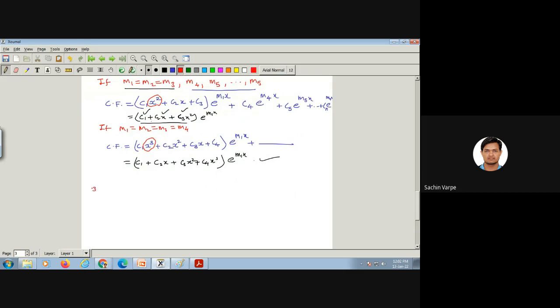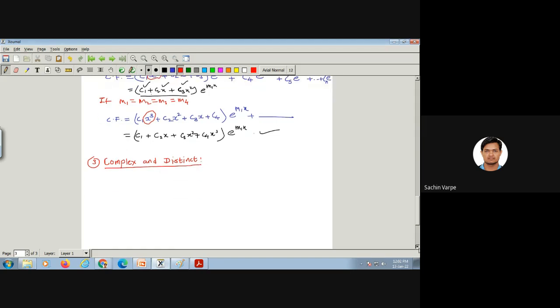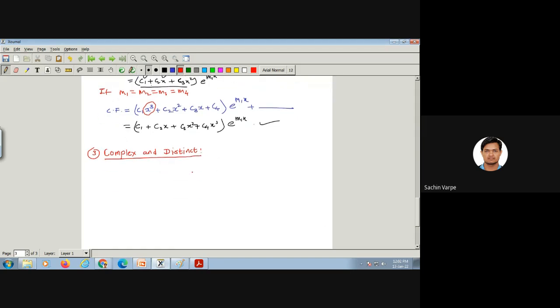Now the third nature is if the roots are complex or imaginary and distinct. So we all know the complex roots are of the form alpha plus i beta, right? where this alpha is called the real part and beta is called the imaginary part.